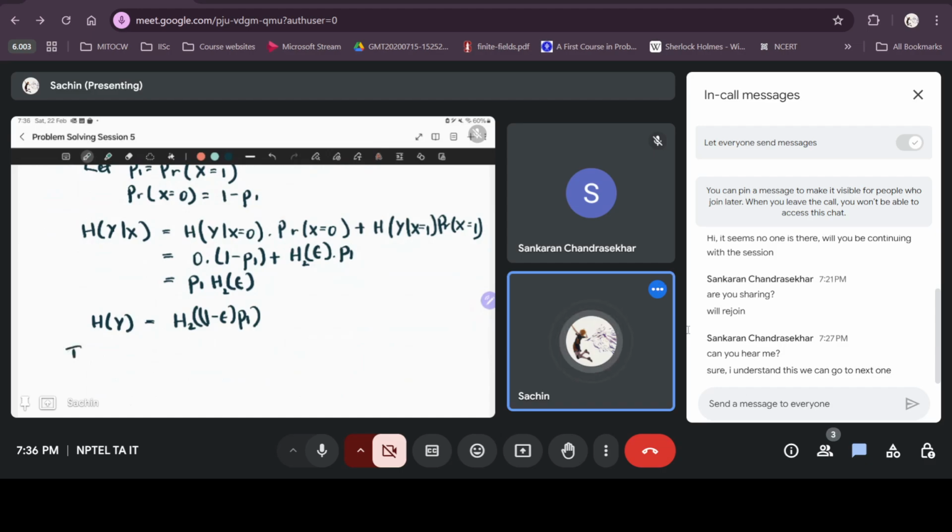From that we'll get I of xy is h2 of 1 minus epsilon times p1 minus p1 times h2 of epsilon.